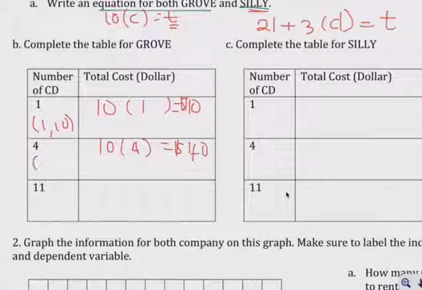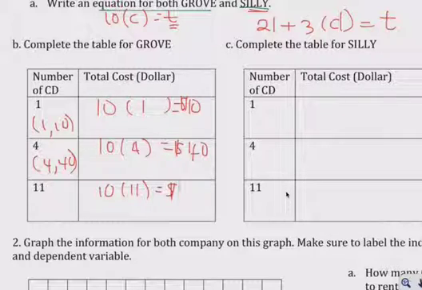That gives you 4 and 40. Okay, for the ordered pair. Next one is 10 times 11 for Groove. That's $110, sorry. So your ordered pair is 11 and 110.